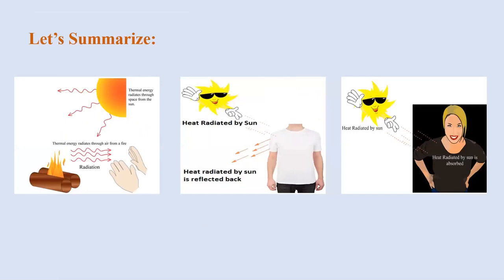We saw that radiation is a process that does not require any medium to transfer, and thermal energy radiates through space from the sun and reaches the earth by the process called radiation. Heat radiated by the sun is reflected back from the light colored clothes and is absorbed by the dark colored clothes.